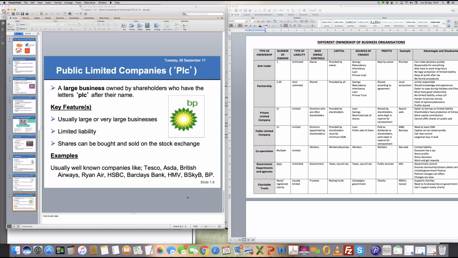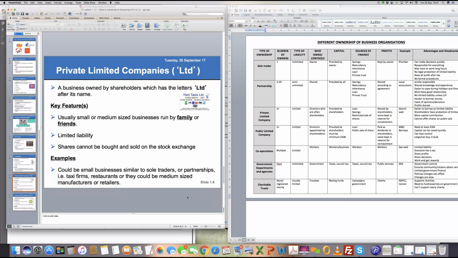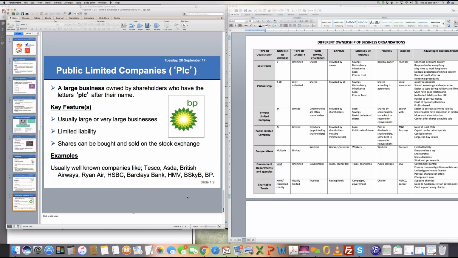The key difference between a private limited company and a public limited company is that in the case of a public limited company, the shareholders are many. That means you could have thousands of people owning the shares of the company, and the company is also trading on the stock exchange, like the London Stock Exchange. And that could also be one of the reasons why it is a public limited company.